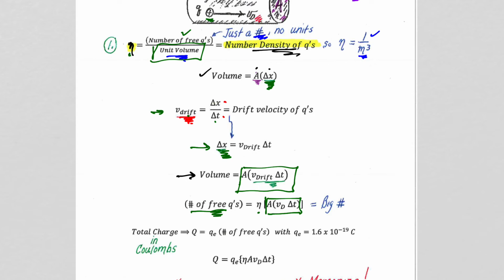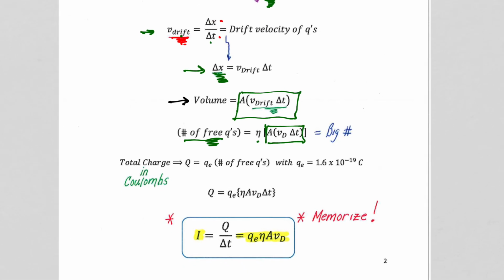So the total charge in coulombs then, we have to take each of those free Qs and multiply it by 1.6 times 10 to the minus 19, and we get the total number of coulombs flowing through the wire.